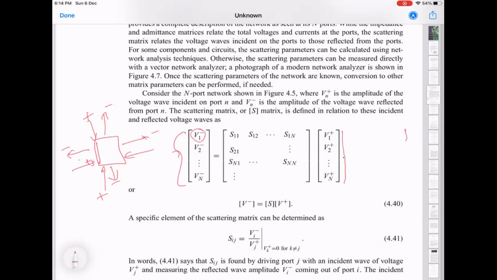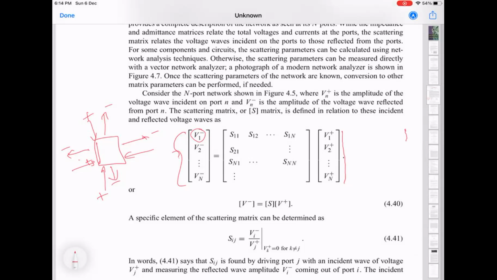Of course, one index is not very useful, because you can't figure out what the two indices mean. But from 1, 2, you can see that S12 is the coefficient which tells you what happens when V2 plus is incident and what is coming out of V1 minus, on the one port.